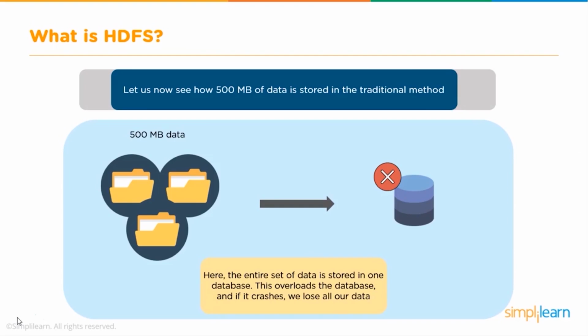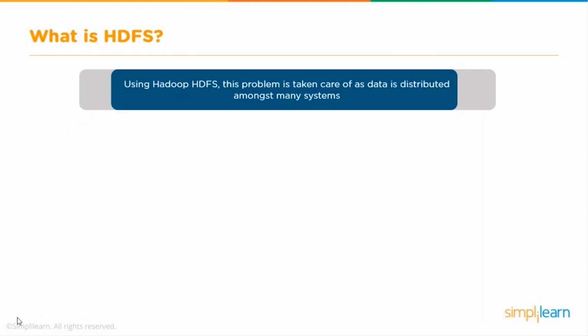So if your database crashes, if your storage layer crashes, if your file system is not accessible, then you lose all of your data. This is more of a data sharing architecture where the data is stored in an underlying database or file system, and then it is shared or accessed by multiple applications or multiple users.